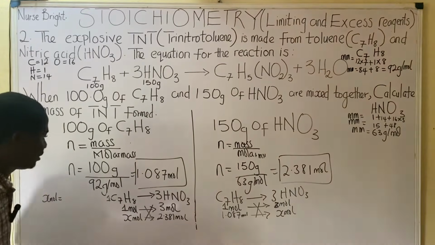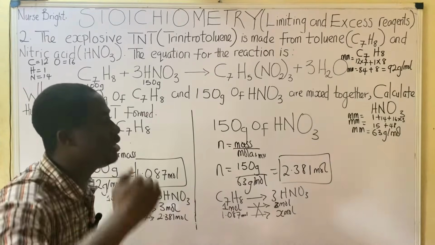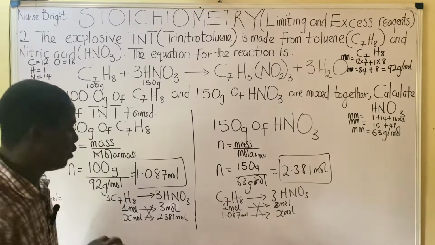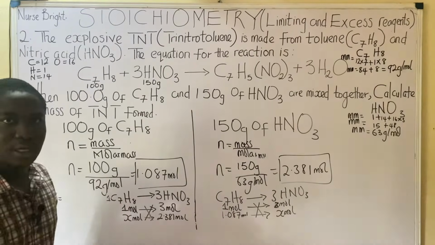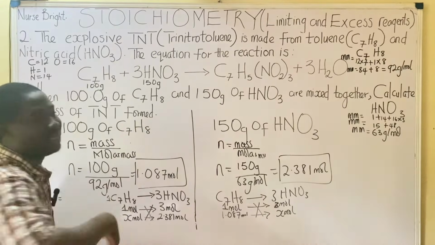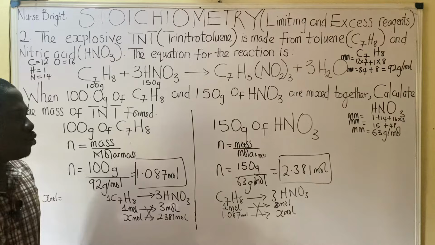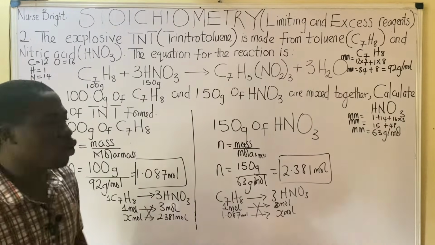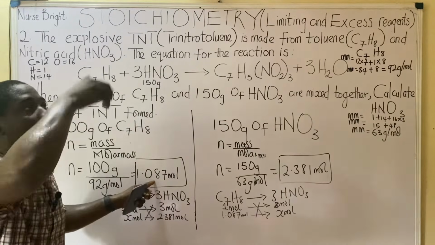I'm trying to tell you the evaluation of everything so we'll know what to do. If the answer we get for toluene is greater than this, what would this tell you? Let's say we have 3 moles of toluene after solving. The toluene they gave us here, is it in excess or limited?